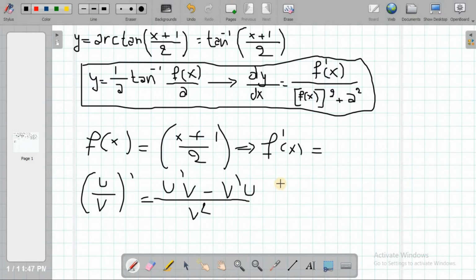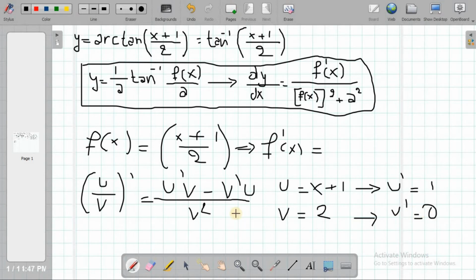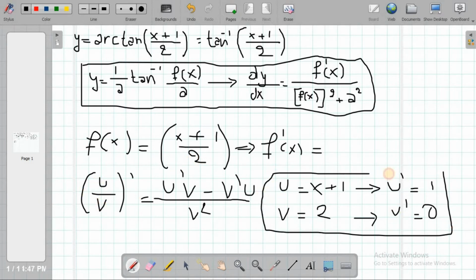In this case our u is x plus 1, and our u prime is going to be 1. And our v is going to be 2, and our v prime is going to be 0, because this is u on top, v down. So we find the derivative.